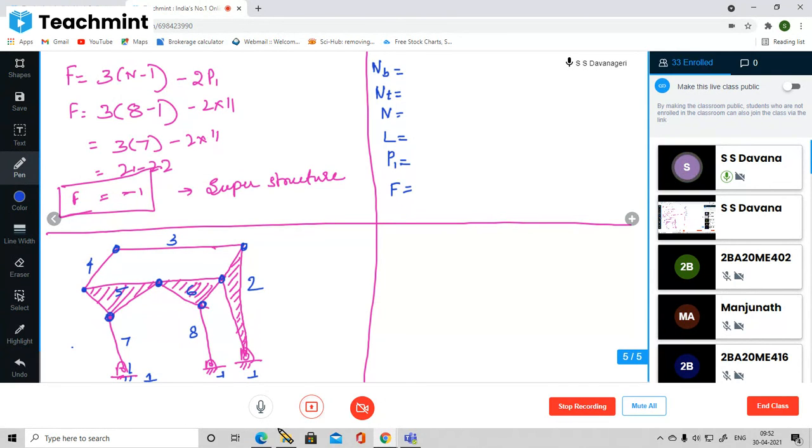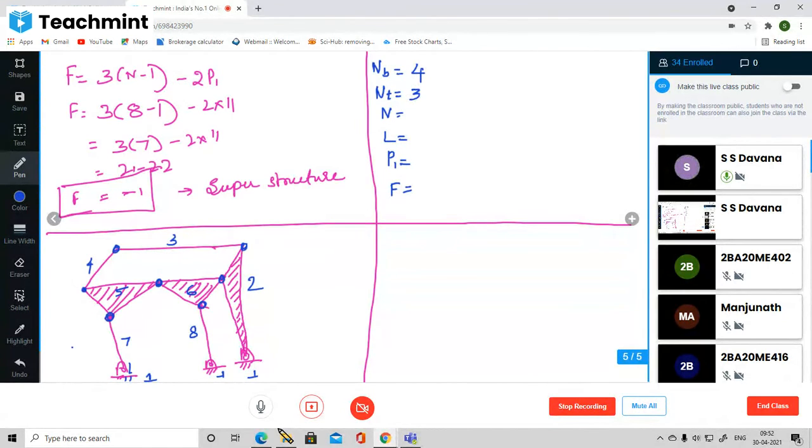Okay, how many binary links? Number of binary links are 4. Good. Now, how many ternary links? Ternary links are 3. Okay.